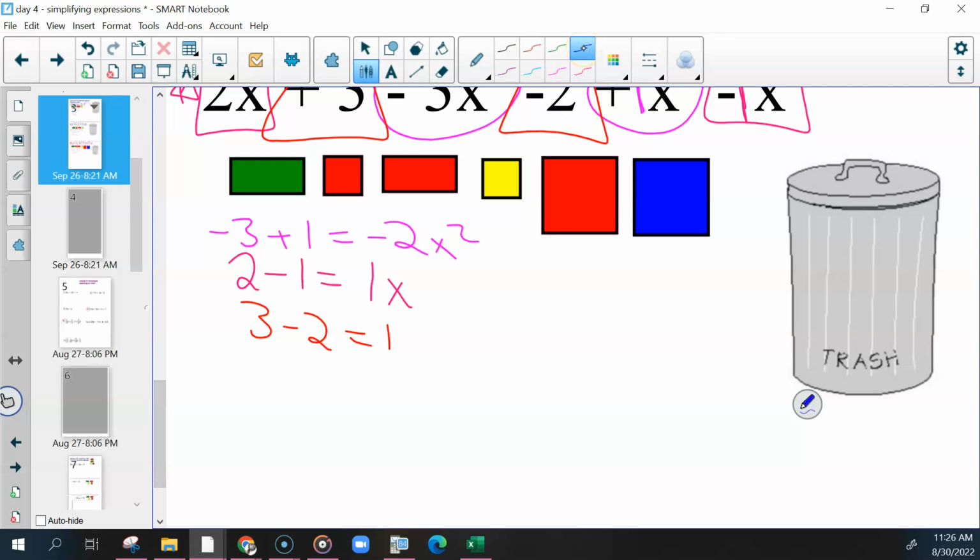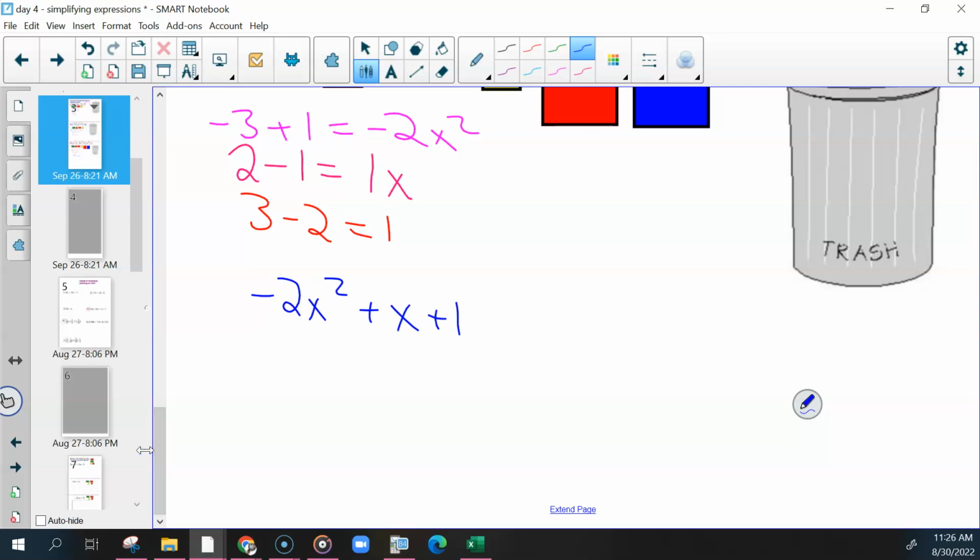We have negative 2x squared plus 1x, or just plus x, and then plus 1. We did this one with algebra tiles before, so that answer should be the same as the one previous. We have not gotten to that yet, but hold that question.